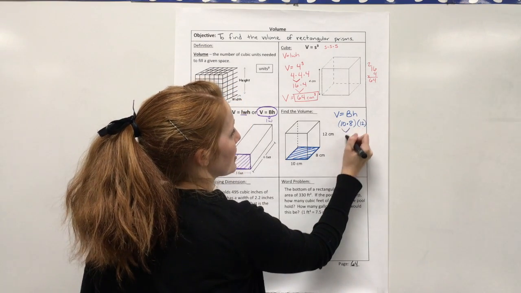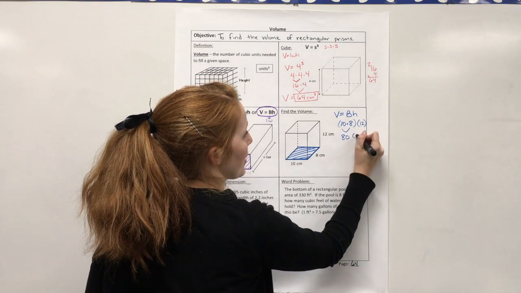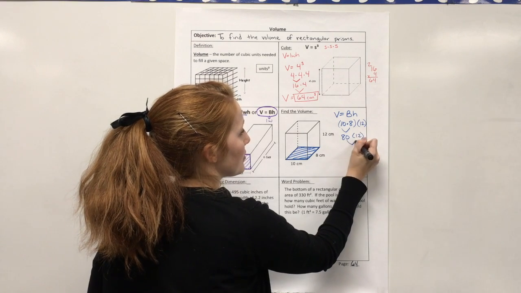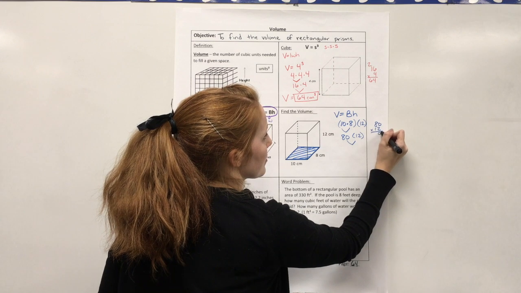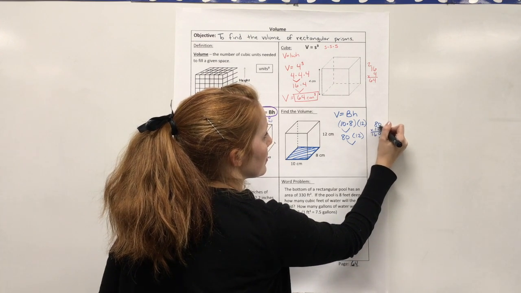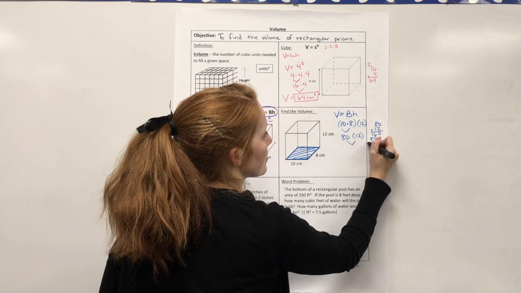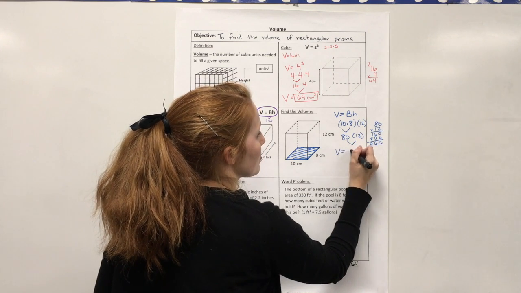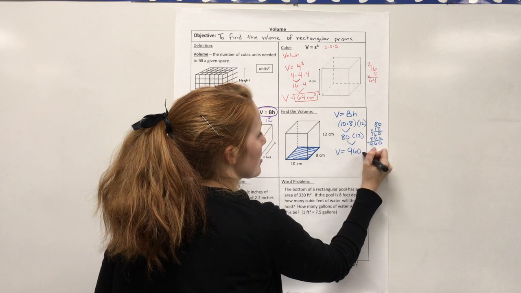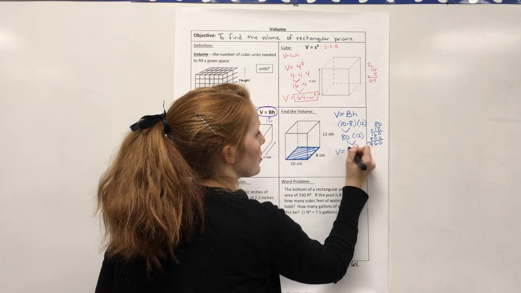So 10 times 8 is 80. And then I would do 80 times 12. So let's see, 80, 12, 0, 16, 0, 8. So volume equals 960 centimeters cubed.